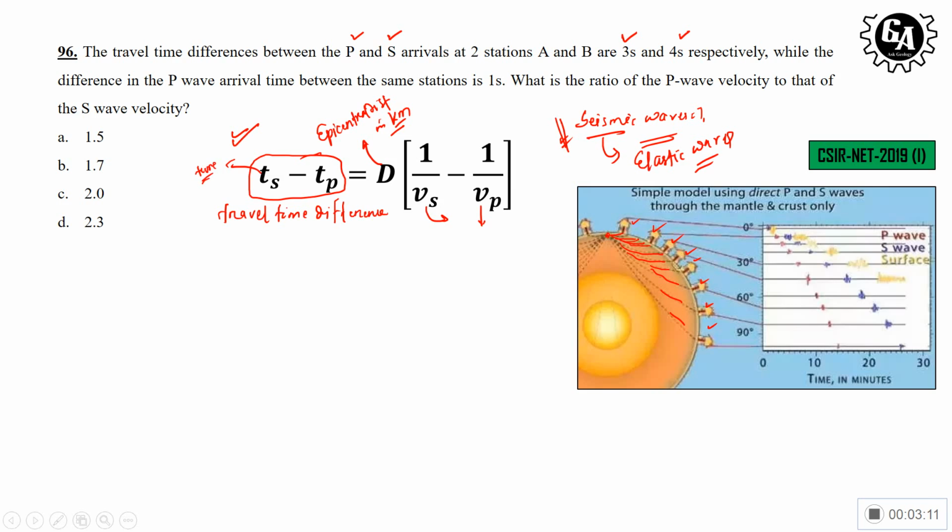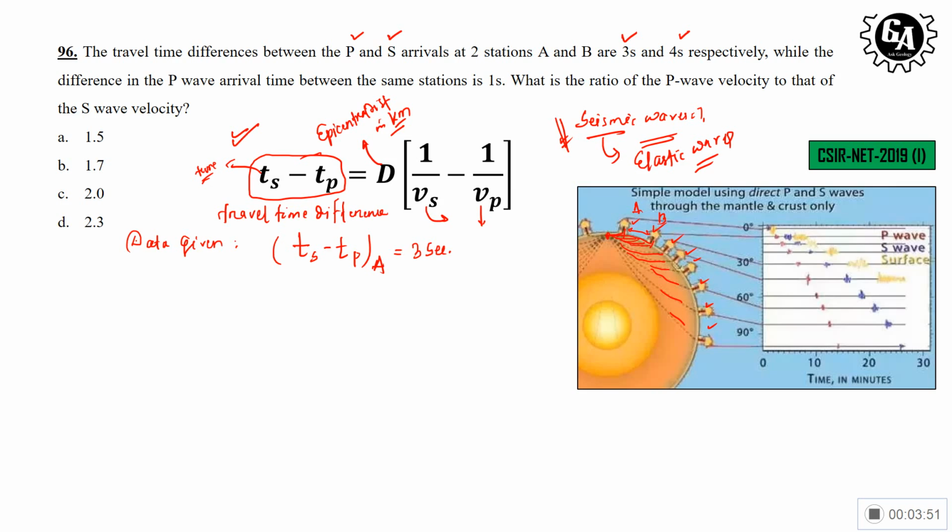So what is the data given? Ts minus Tp of A is equal to 3 seconds. Let this station be A and this station be B. When the sudden strain energy is released, it will come to station A first, then to station B, and between A and B there will be a time difference.